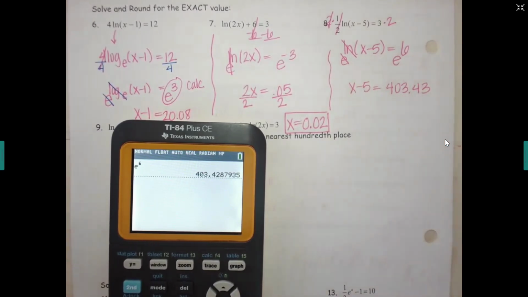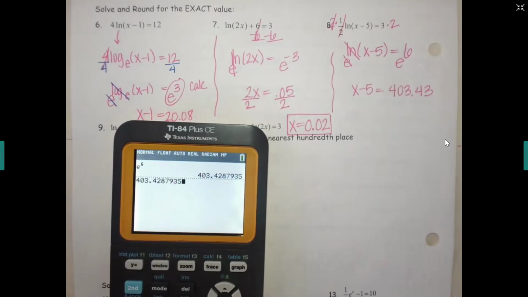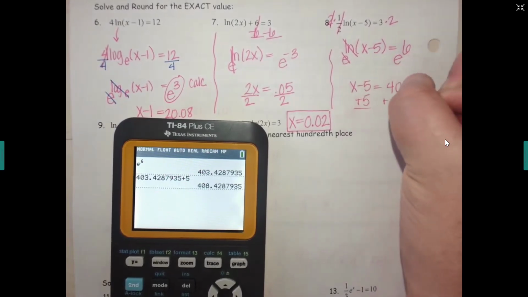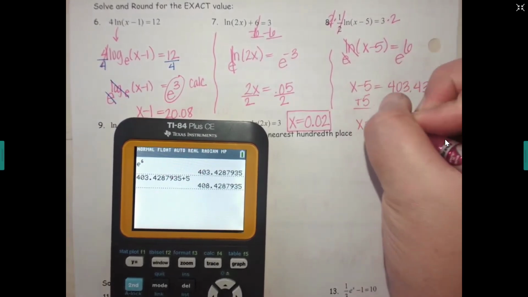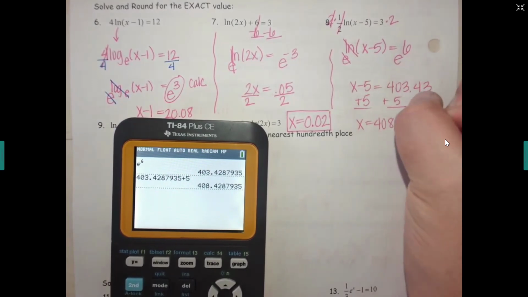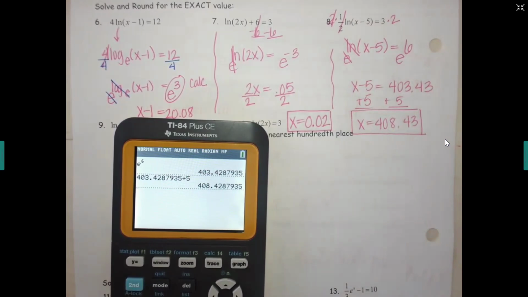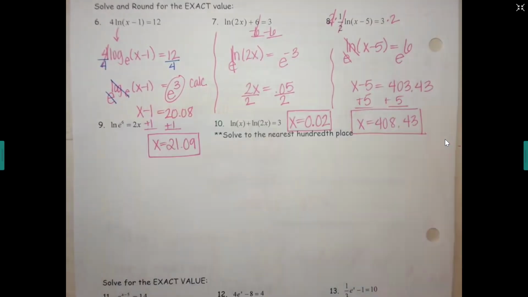And then I'm going to have to plus my 5 across. But remember, you're going to use the long decimal and add 5 to that. Then at the very end, you're going to round. So my answer would be 408.43. Okay? But just remember, don't round till the very end.